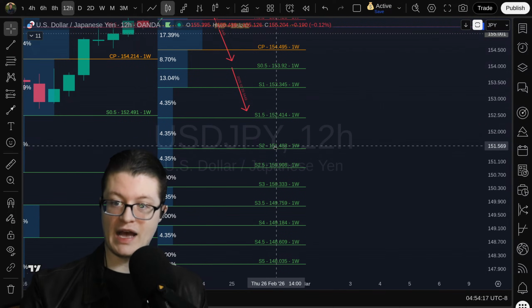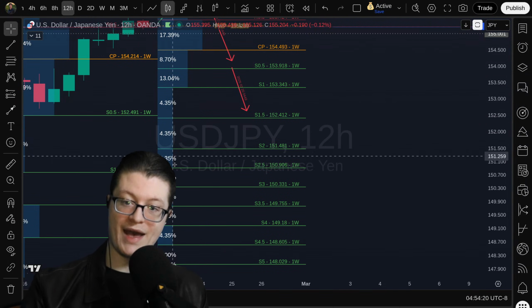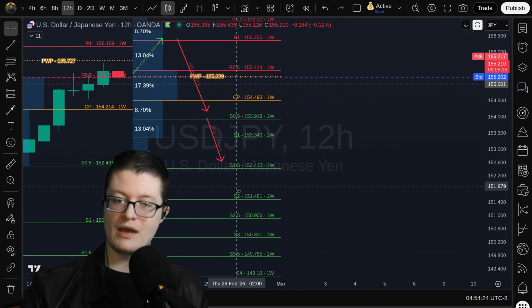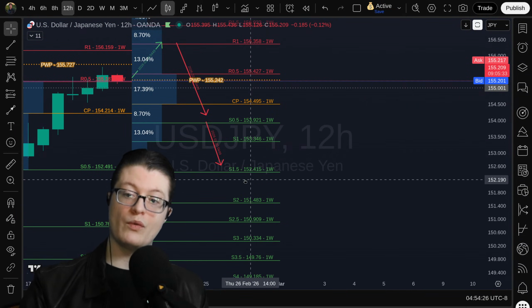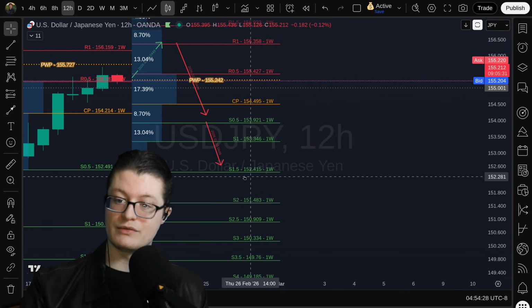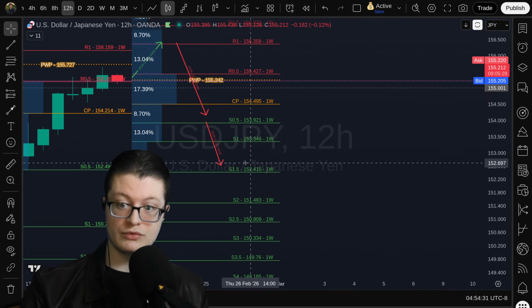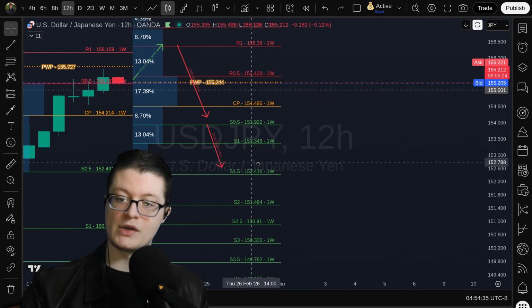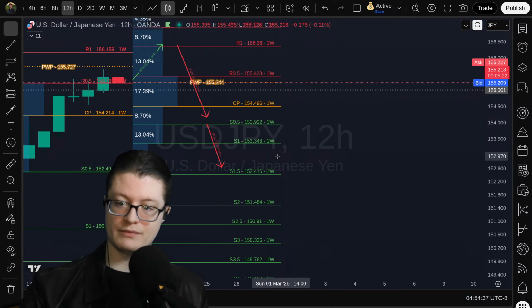So 4 times 5 is 20. Add up these extra percentages, call it 21.5%. So 21% roughly of closes for next week seasonally on dollar yen occur below the S1 pivot point.